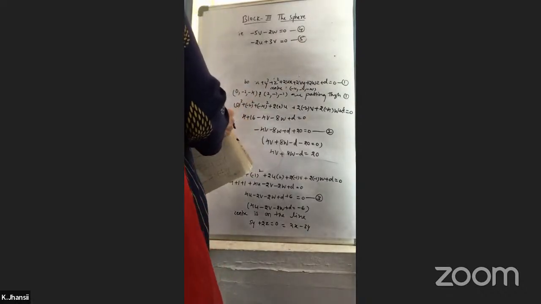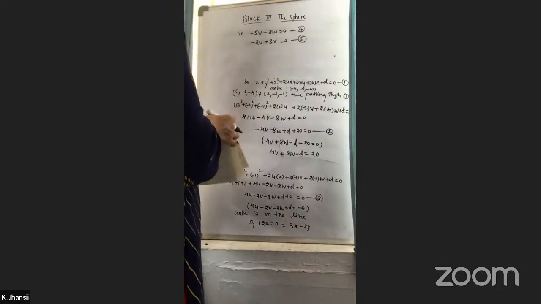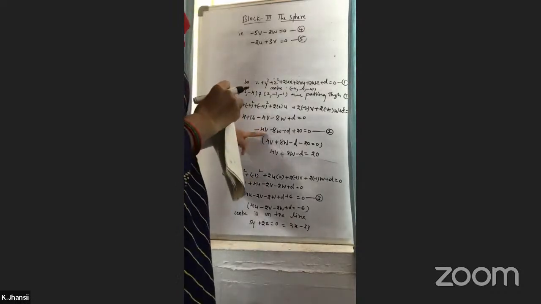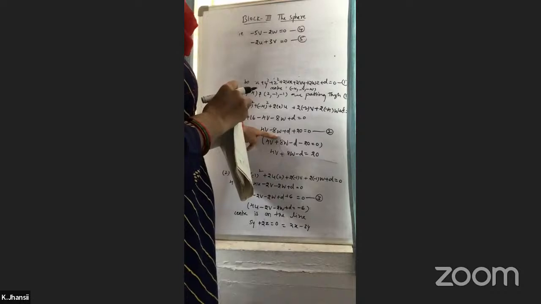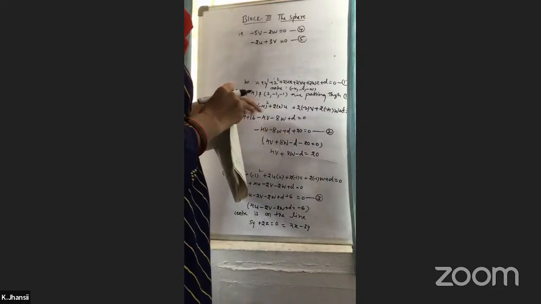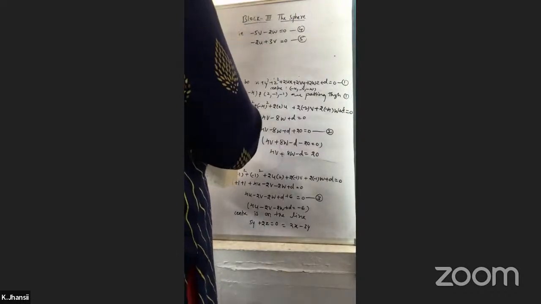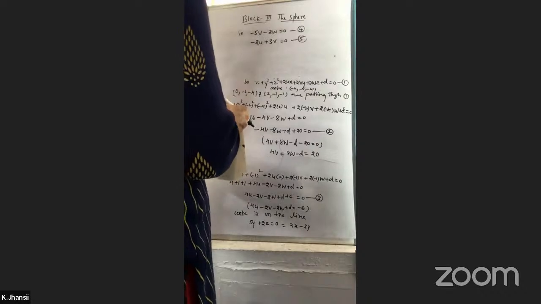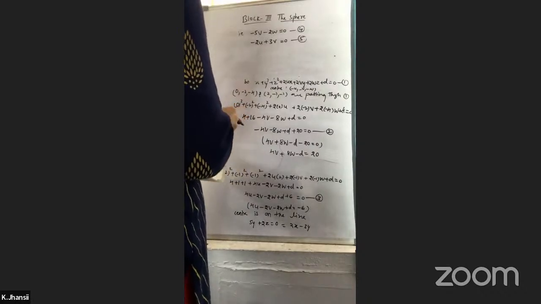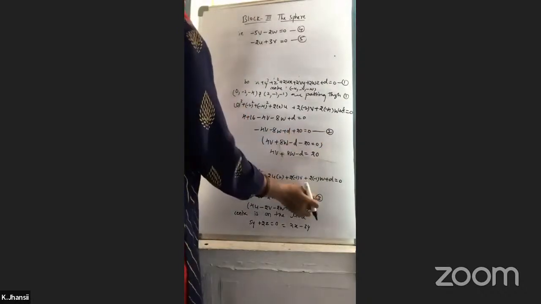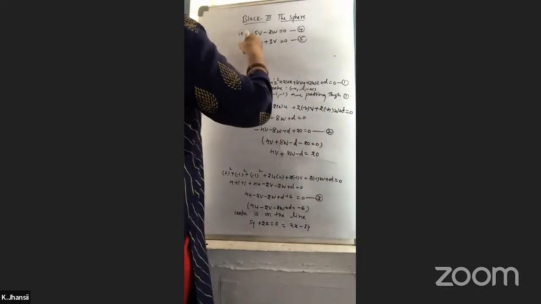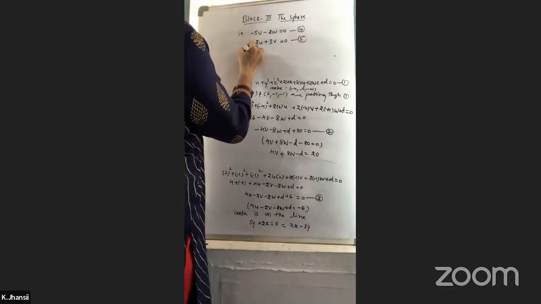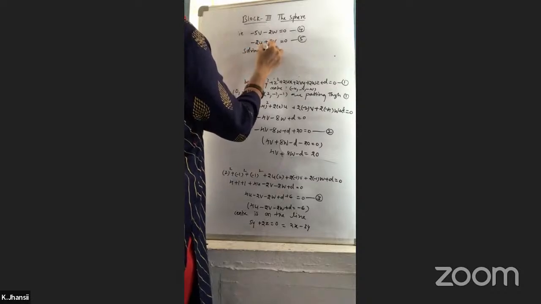So now, solving 2 and 3. In 2 and 3, what do we have? V is there, W is there, D is there. What is 2? 4V plus 8W minus D minus 20 equals 0.